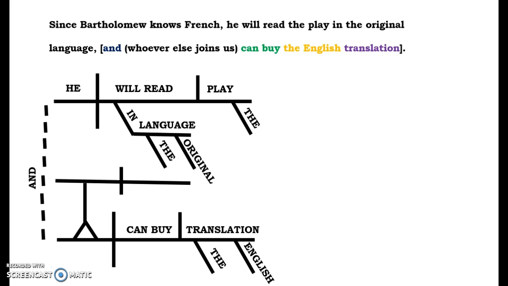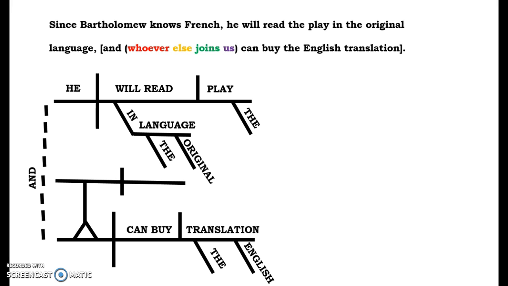And then we have our noun clause pedestal. So we turn to the material inside the brackets here. And we see that we have joins as the verb. We have whoever as the relative pronoun, which is, in this sentence, functioning as the subject. We have us as direct object and else as adjective.